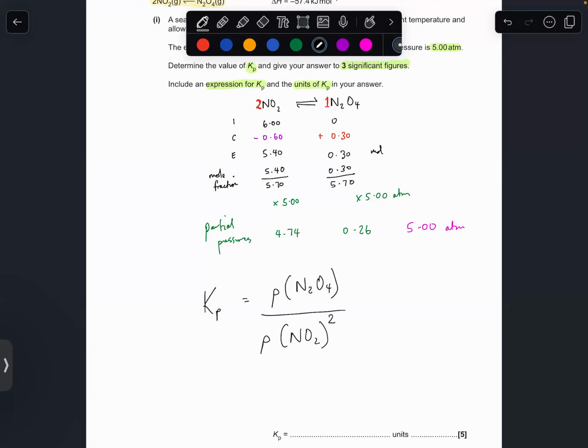Plugging in the values, Kp will equal 0.263, actually, just to be a bit more accurate, 0.263, divided by 4.74 squared. 3 sig figs is a good accuracy to work towards.